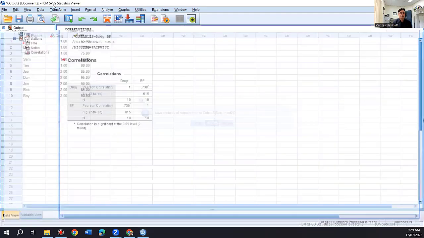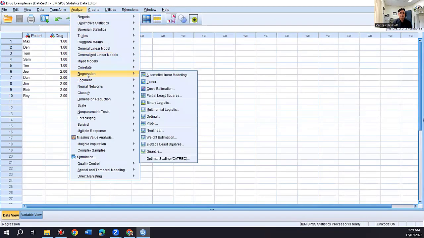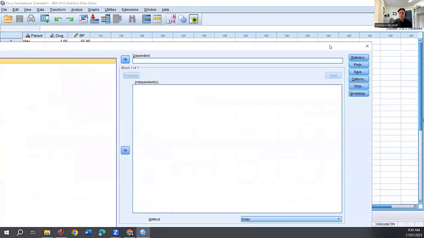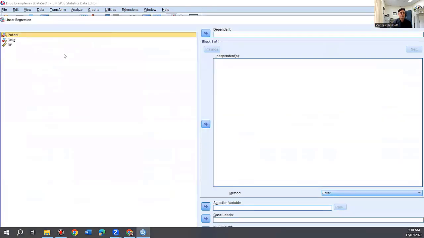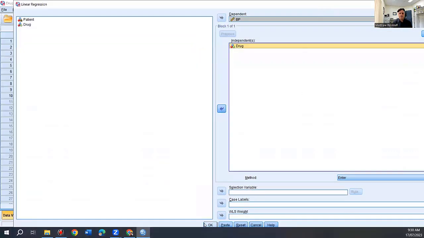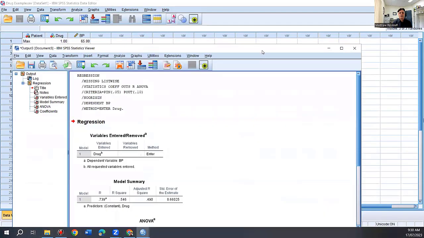So now let's look at this next with regression. So I'm going to go Analyze, Regression, and I'm going to go Linear Regression. And I get this dialog here that doesn't fit very well on the screen, but nevertheless, we're going to say the dependent variable, the outcome, is going to be blood pressure, and the independent variable is going to be drug. And then I'll just click OK again and look at the output here.